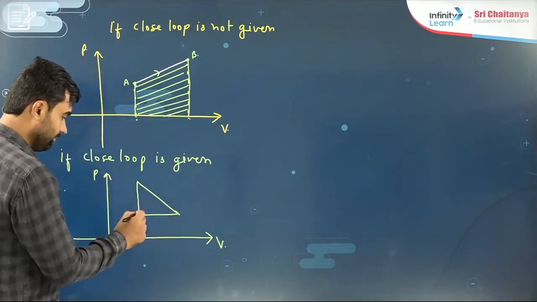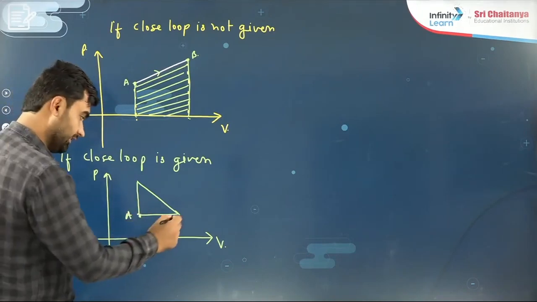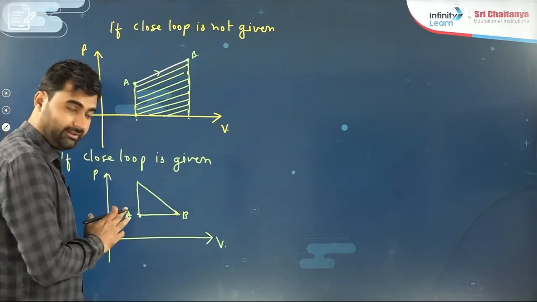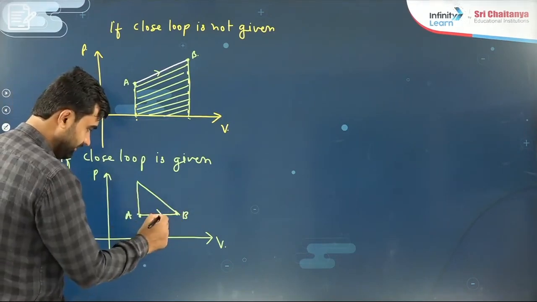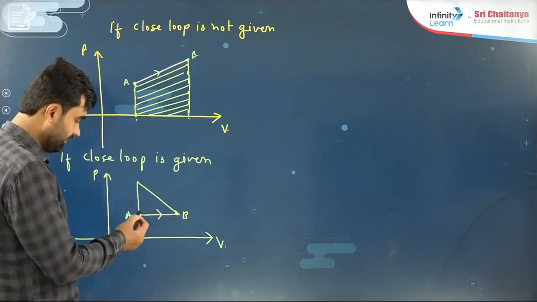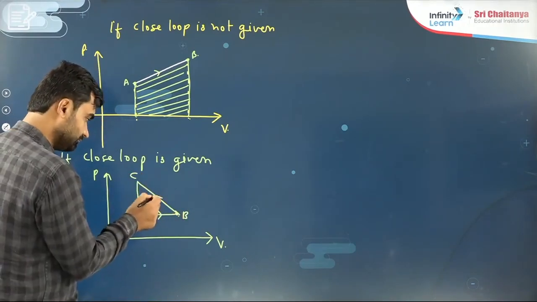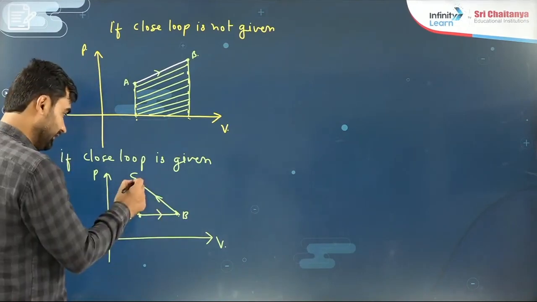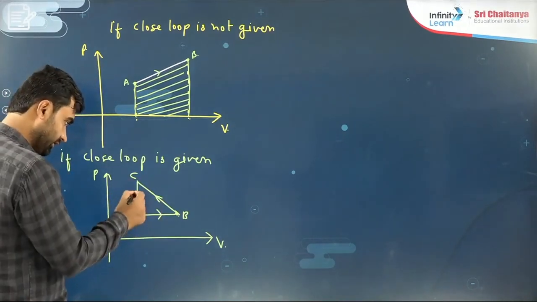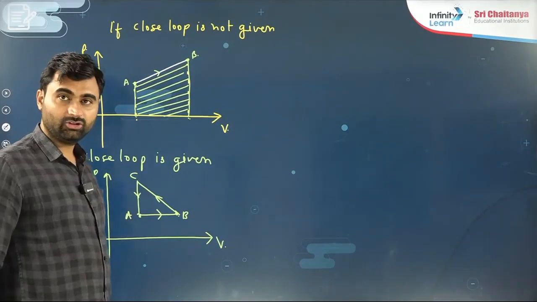Suppose it starts from A, then B, the arrow sign is given, we are moving from A to B, then B to C, then C to A, agree or not?